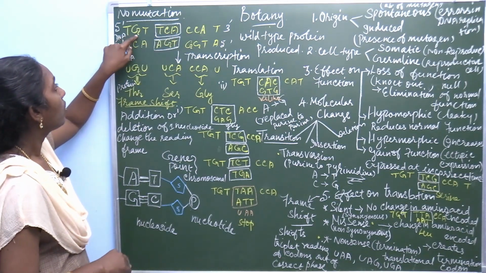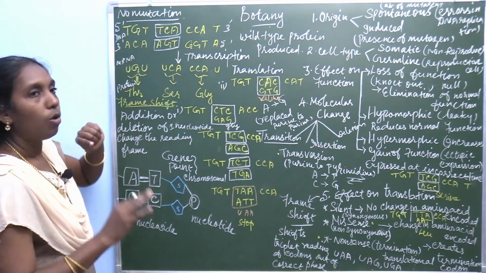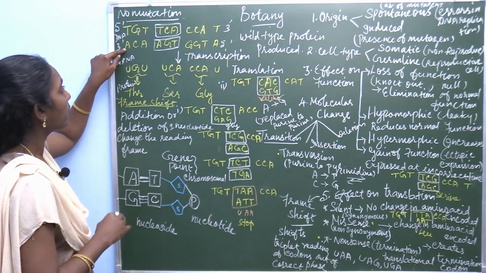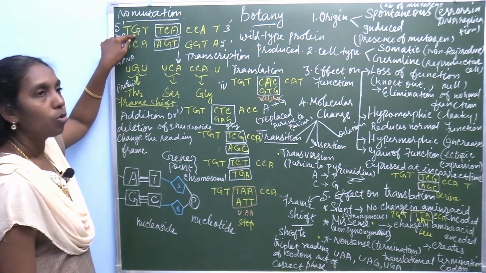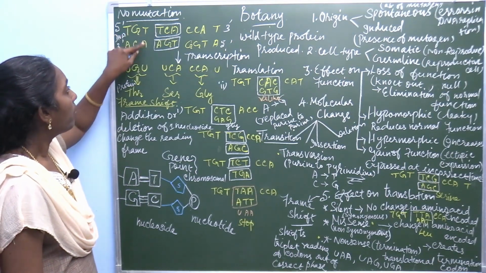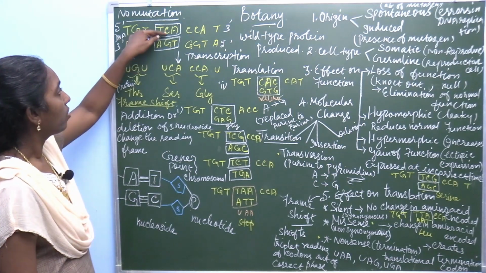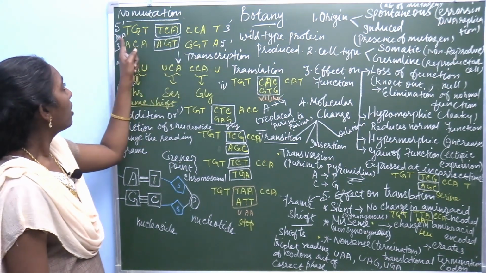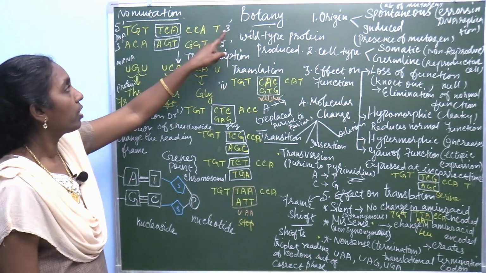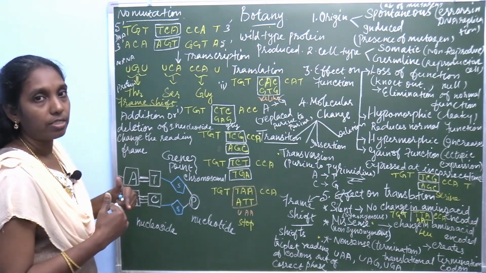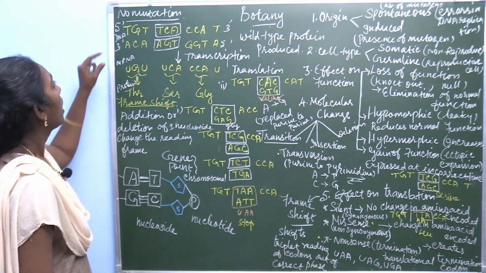So, thymine, guanine, thymine. The complementary pair is always thymine with adenine, guanine with cytosine. Likewise, it goes as 5'-3' direction and 3'-5' direction, complementary pairs.